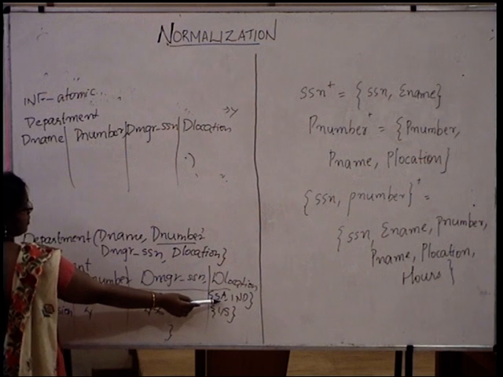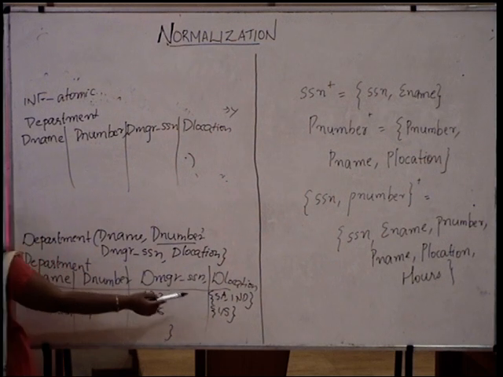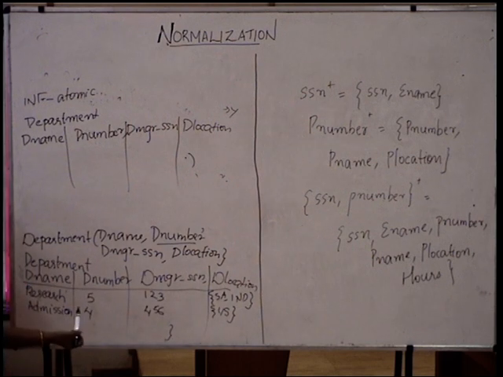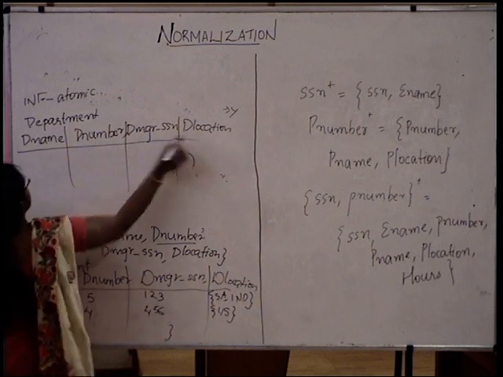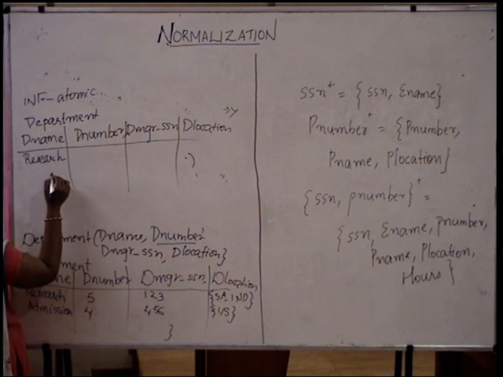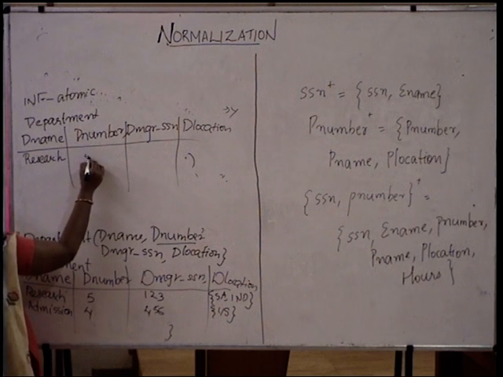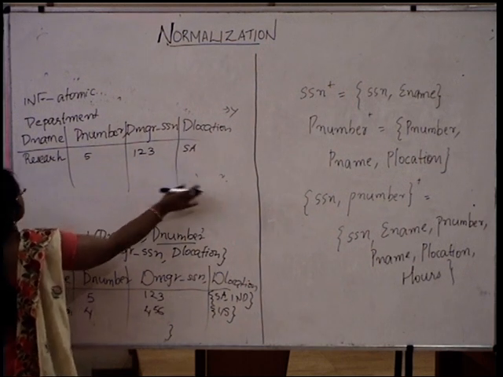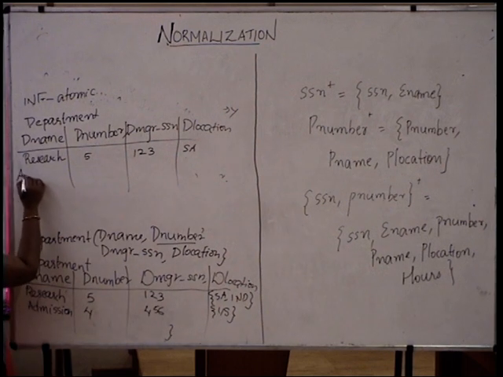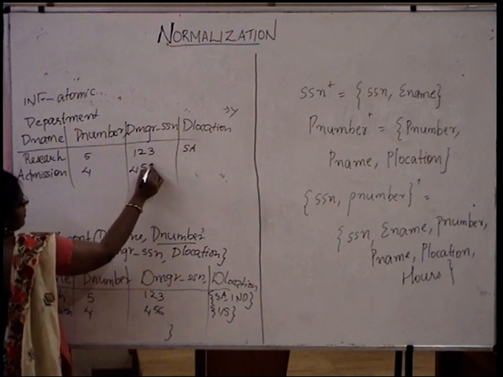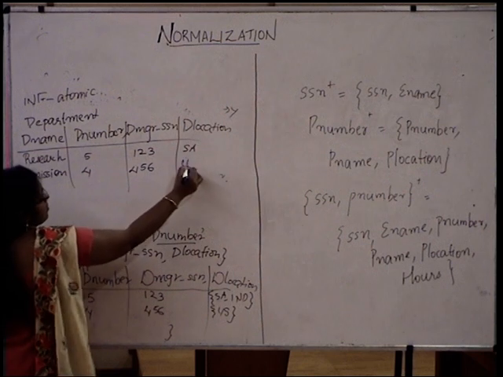Divide this non-atomic attribute into 2 rows, that is the research department having department number 5, 1, 2, 3 SA, and admission department having department number 4, manager SSN 4, 5, 6 US.